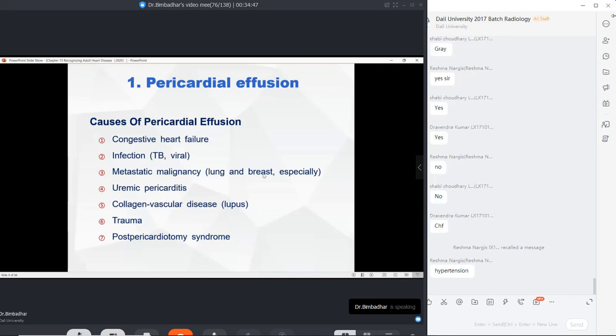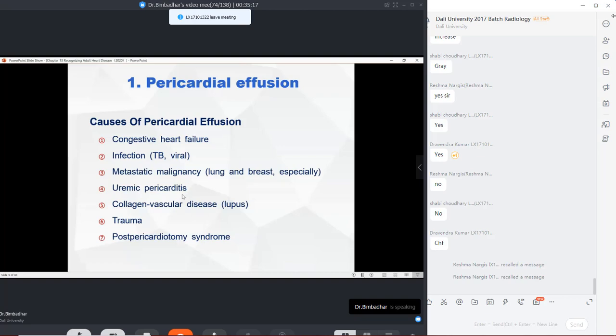Right now you should be understanding that, the same way a finding of a pleural effusion is not a disease, a finding of a pericardial effusion is not a disease either. Yes, it is an observation made on a radiograph, but it is not the disease. In medicine you will talk about pericardial effusion as a separate disease, but here you have to understand that the main reason for the increase in pericardial fluid is entirely different.